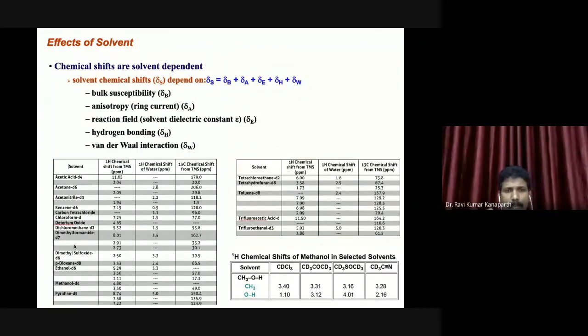Suppose you see a very short peak at 4.65, probably this is the solvent peak due to deuterium oxide. Just check the description of the data given to you. Usually they will write chloroform or deuterium oxide or acetone D6.